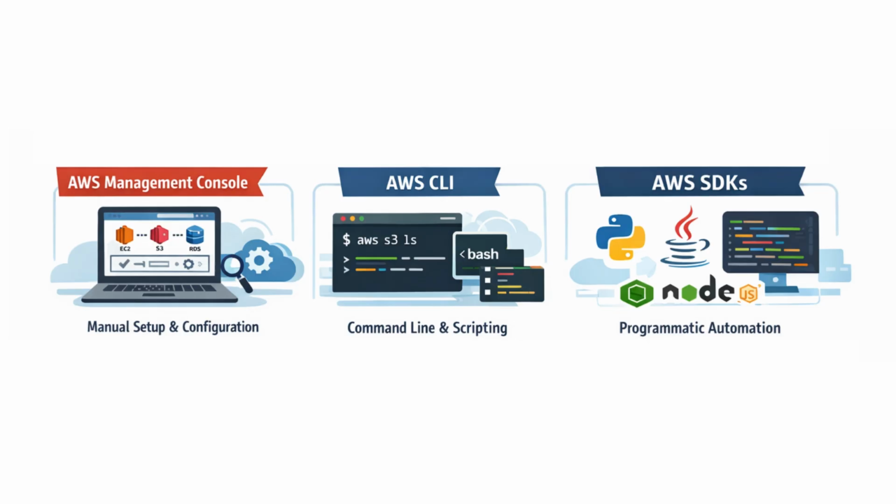Think about infrastructure as code. In real AWS environments, teams often use all three together: console for visibility, CLI for operations, IaC for deployments. Understanding when and why to use each is exactly what AWS expects from a cloud practitioner.